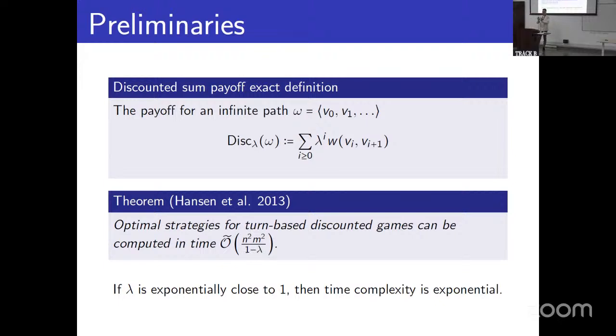So if the time horizon is very short, like lambda is 1/2, then we can solve it very quickly. But if it's exponentially close to 1, then it's harder. The closer it is to 1, the harder it gets.